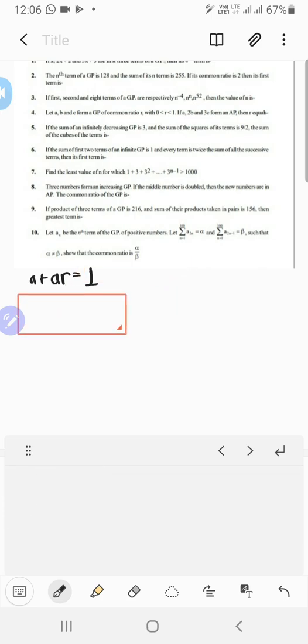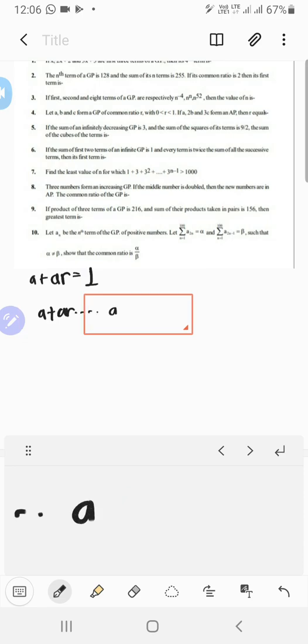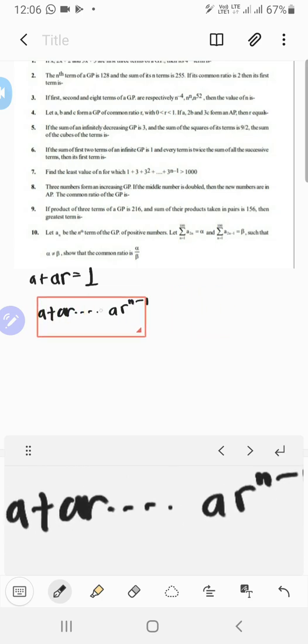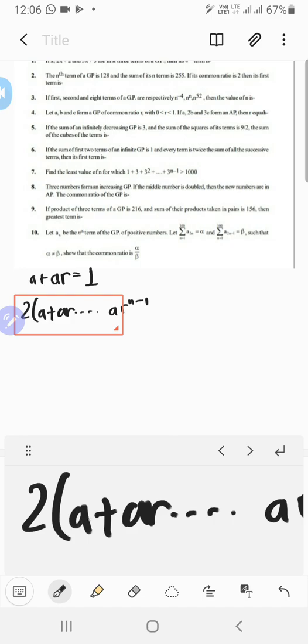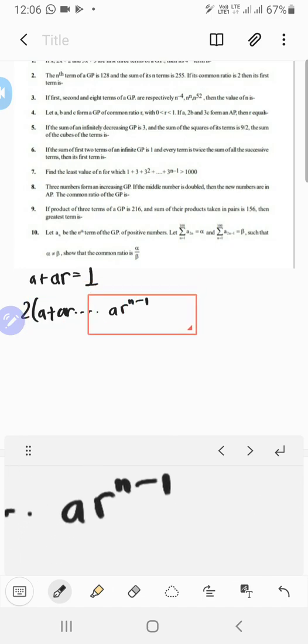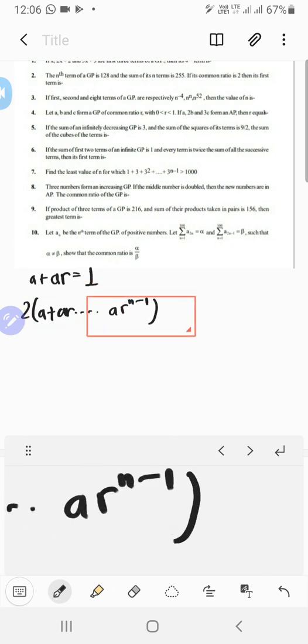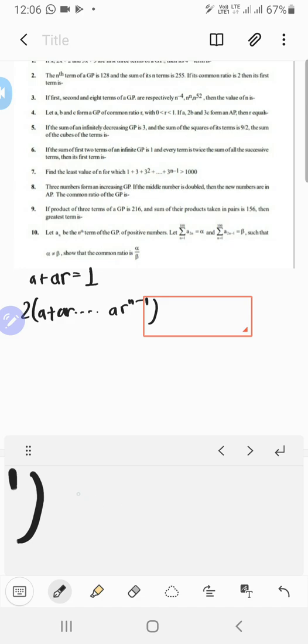So twice the sum of all the successive terms, which is a plus ar and all the way till ar to the n minus 1. These are n terms. Twice the sum of these n terms is going to be a r to the n.